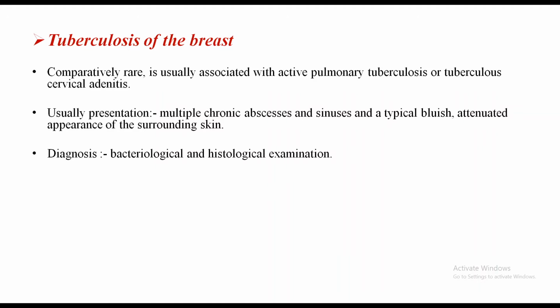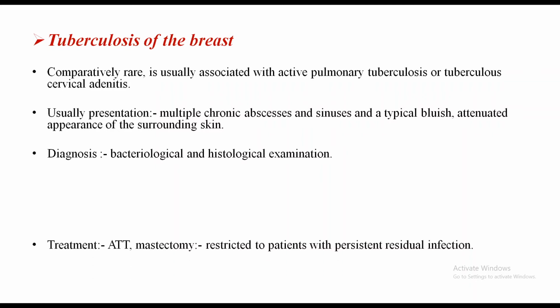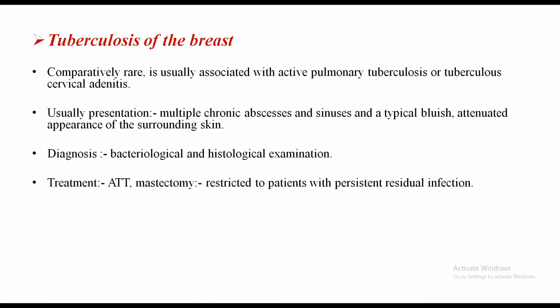The diagnosis, you must be knowing, is by bacteriological and histological examination, as for tuberculosis of any organ. The treatment, you must be aware, is antitubercular treatment as the first line. In some patients mastectomy can also be done, restricted to patients with persistent residual infection.